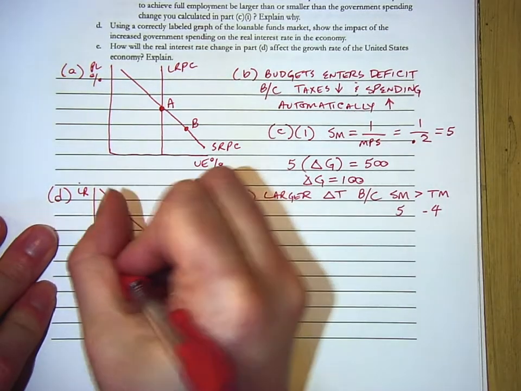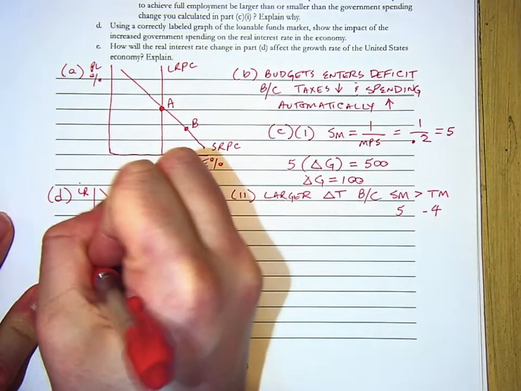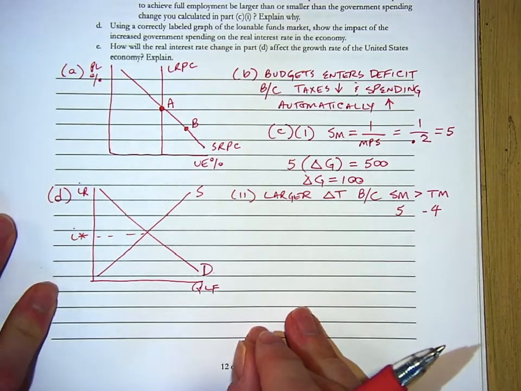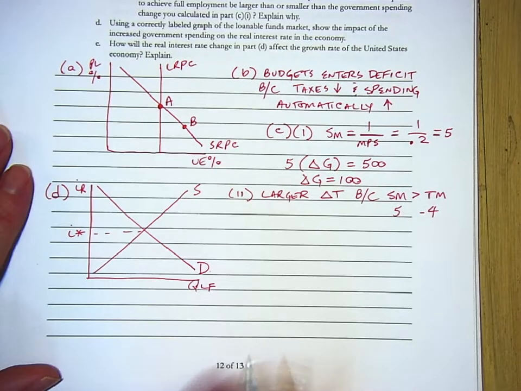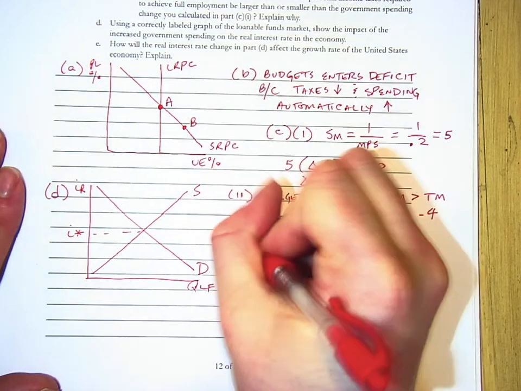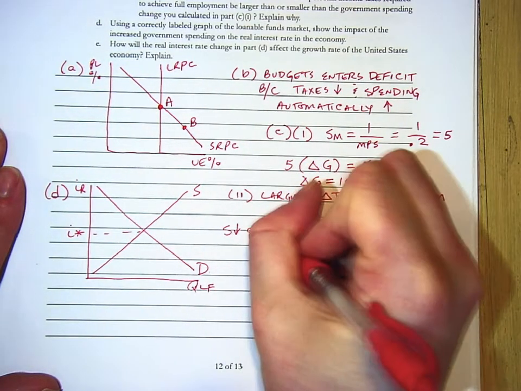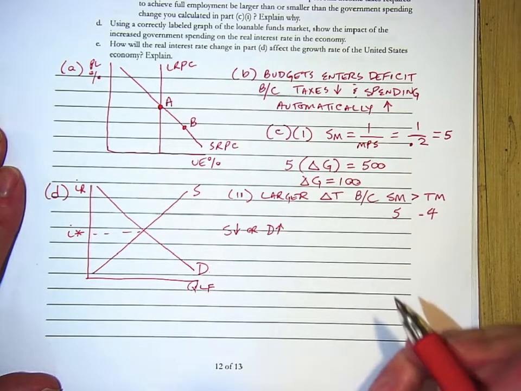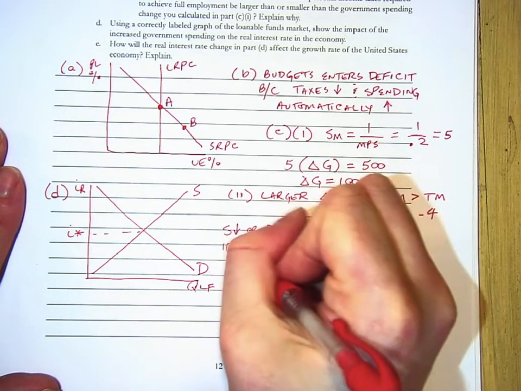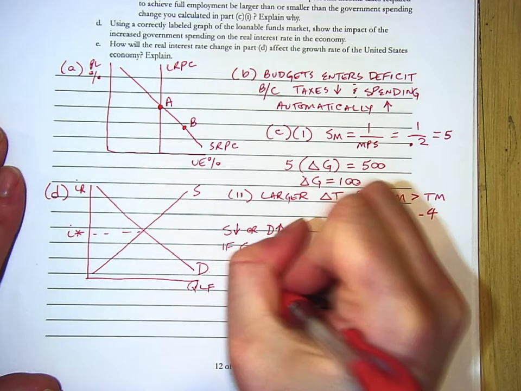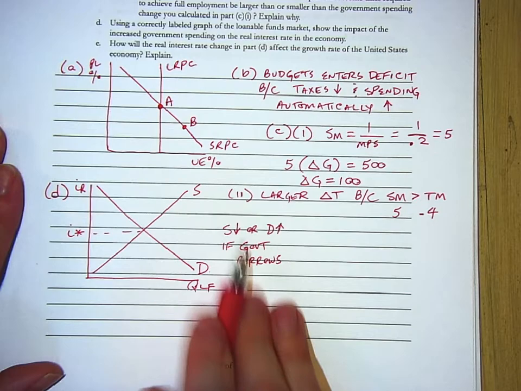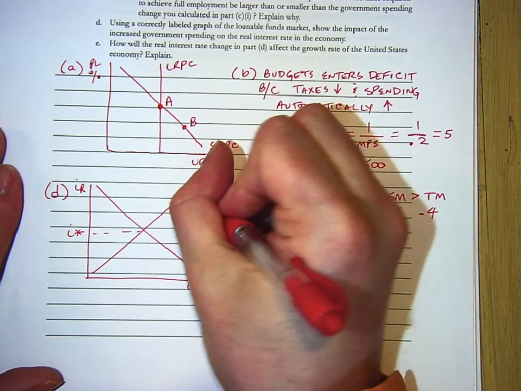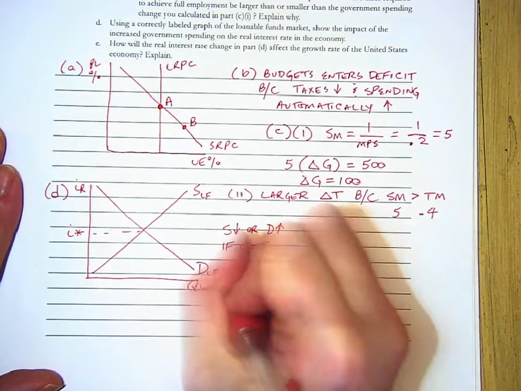Now we know there used to be some interest rate equilibrium here, and with the increased government borrowing, there are two different ways that we can model this. We can either say supply goes down, or we could say demand goes up if the government borrows. So let's write that part out: if the government borrows, the supply of loanable funds either decreases, or we would say the demand increases.